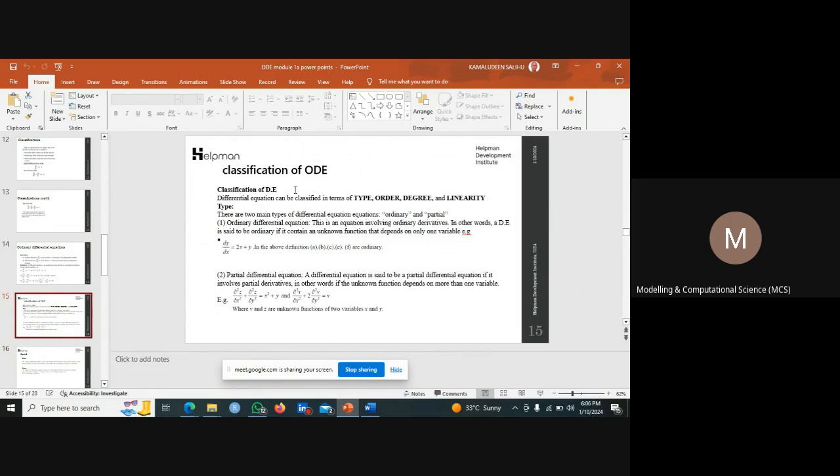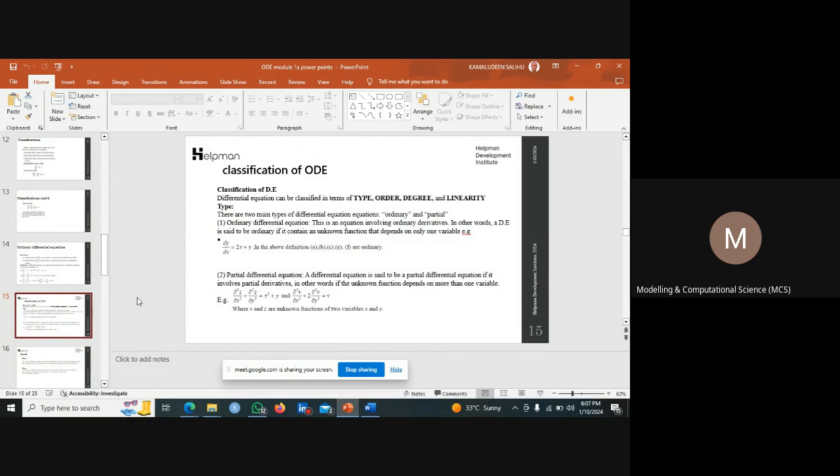As we said earlier, we have ordinary and we have partial, and we have already seen how both are written. The ordinary differential equation is an equation involving ordinary derivatives. In other words, a differential equation is said to be ordinary if it contains an unknown function that depends on only one variable.